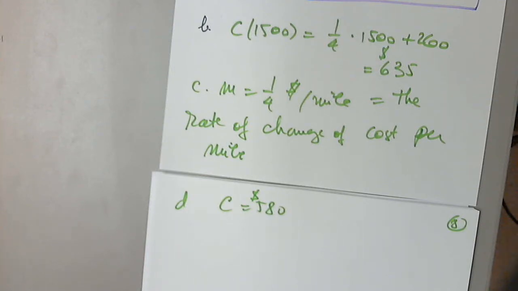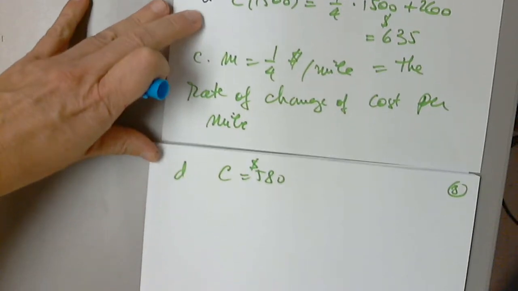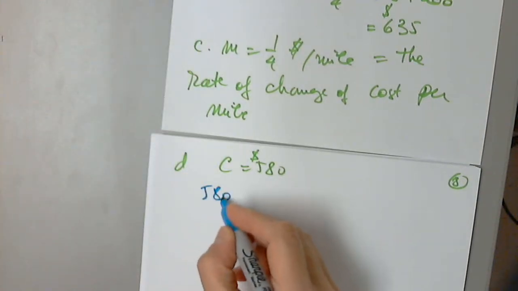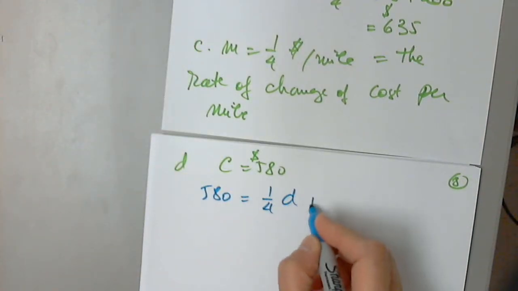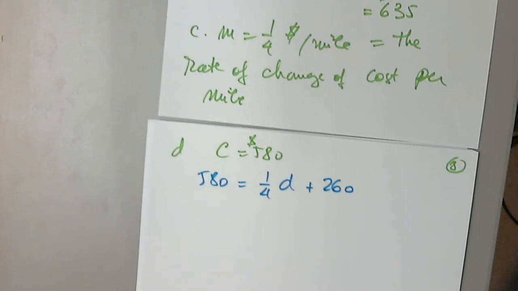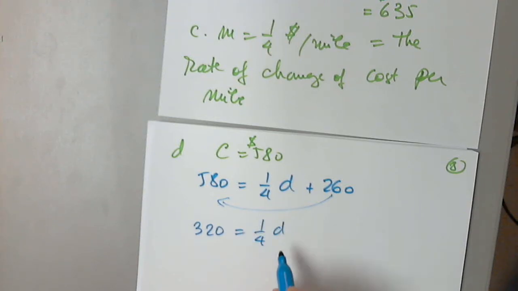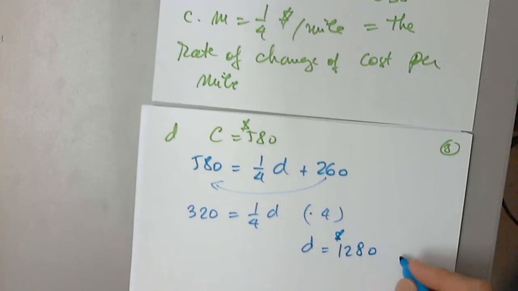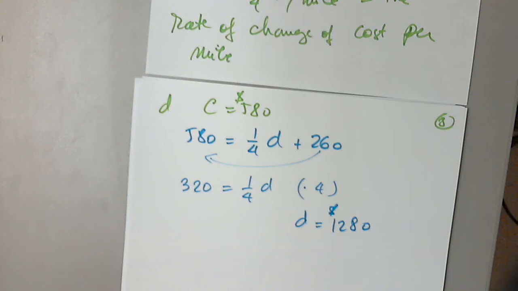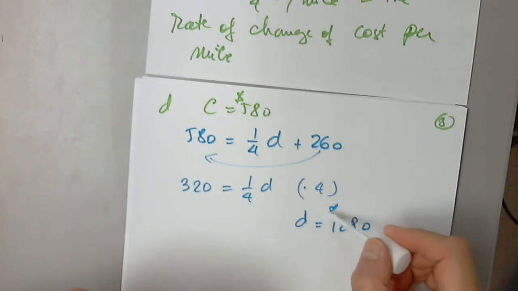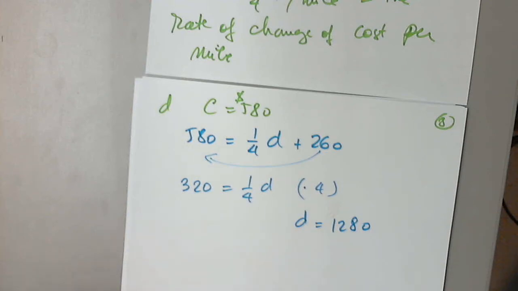Now we are given the y variable, we're asked to find the x variable. So this is 580 equals 1/4 D plus 260, a linear equation. Now, of course, I'm going to subtract. 320 equals 1/4 D, and I'm going to multiply both sides by 4. And I get 1280 and the measurement unit, oh, sorry. Measurement unit, thank you.